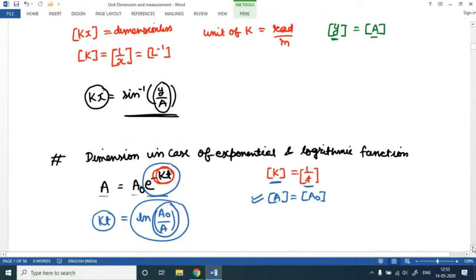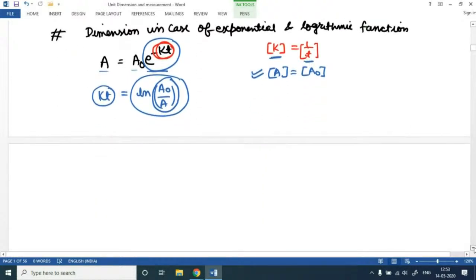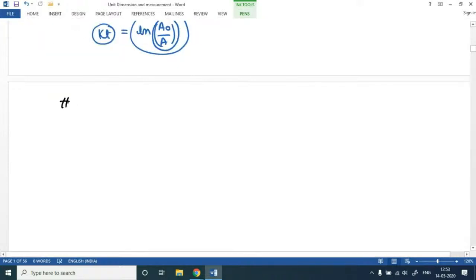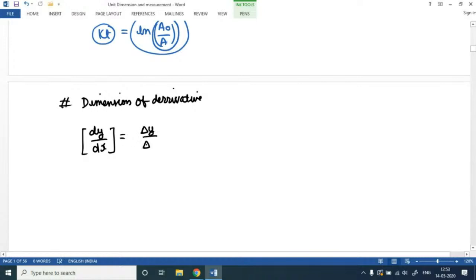Okay. Another important thing about units and dimension, let me tell you, is the dimension of a derivative. For example, dy by dx, whose dimension we want to find out. You should realize dy by dx is nothing but delta y by delta x, with delta x tending to 0, so these will have the same dimension.